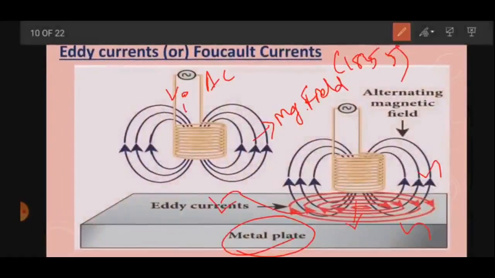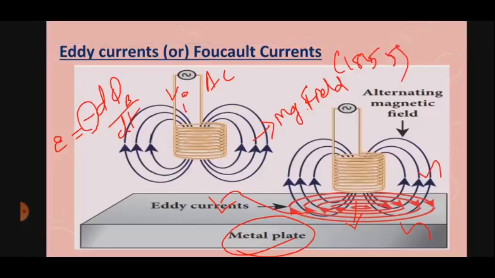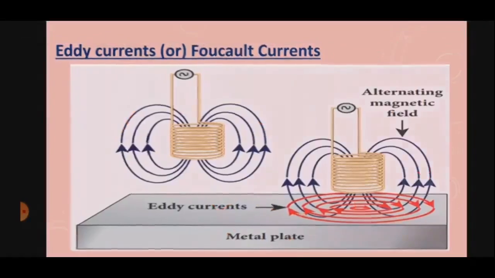Lenz's law is given by E is equal to minus d phi by dt, where phi is magnetic flux, and the negative sign indicates opposing the cause. Are you clear? Okay.